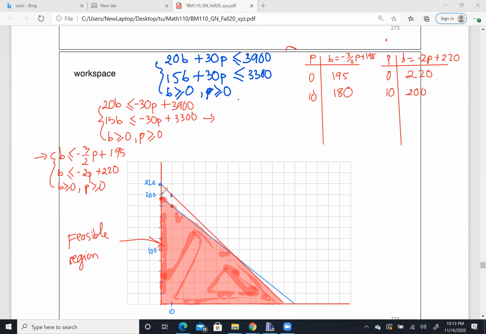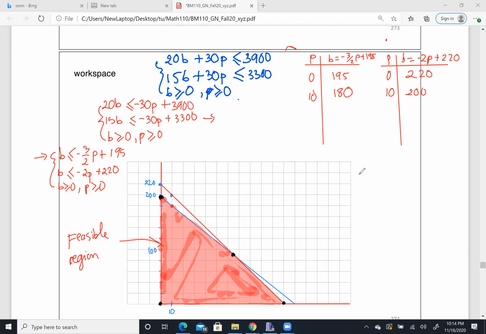So the corner points are this one, this one, the intersection one, and this one, which is the x-intercept, and the last one is going to be 0, 0, the origin. So in total we have 4 corner points, right?